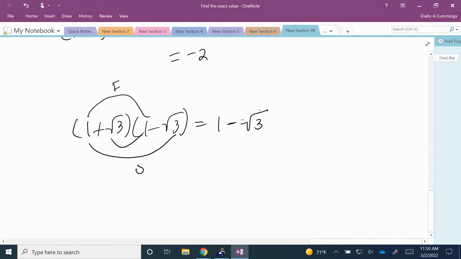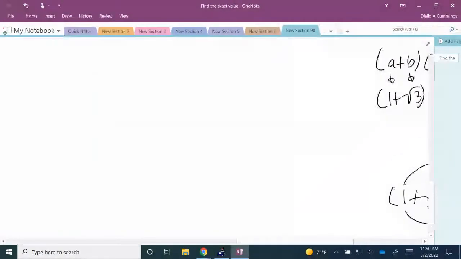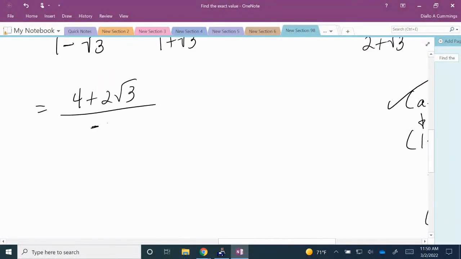We can multiply the innermost terms, and we get a positive square root of 3. We can multiply the last terms: a positive times a negative is a negative. The square root of 3 times the square root of 3 is the square root of 9, and the square root of 9 is perfectly 3. So we're left with 1 minus 3, which is negative 2. So we have negative 2.